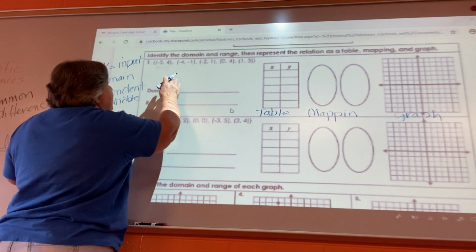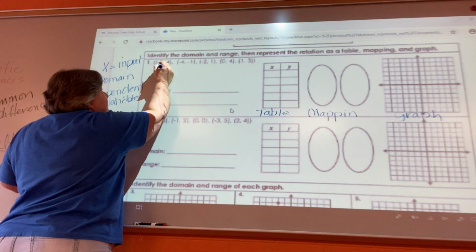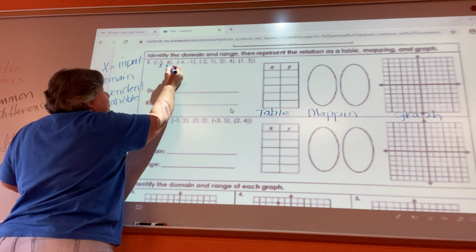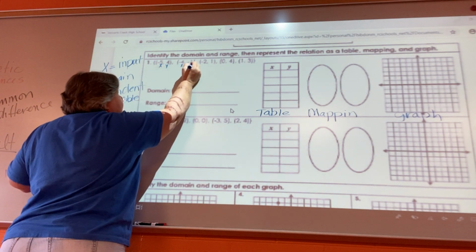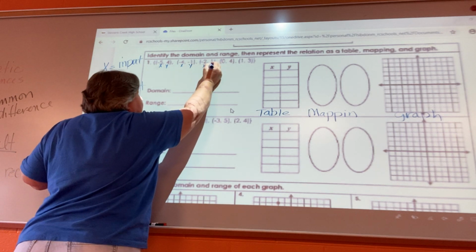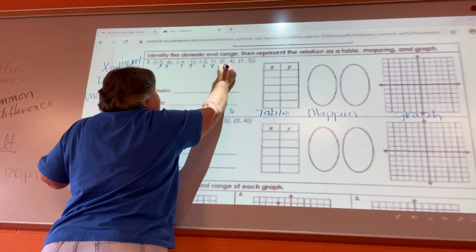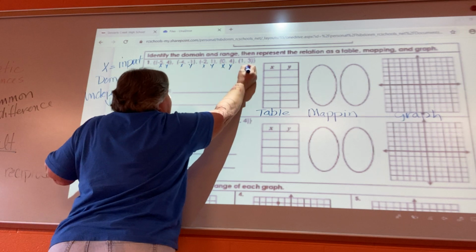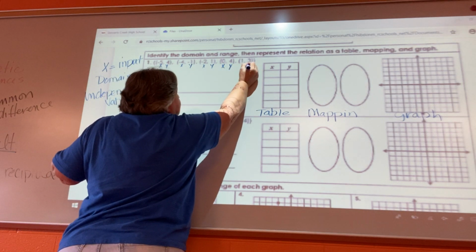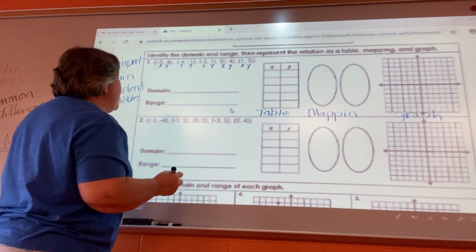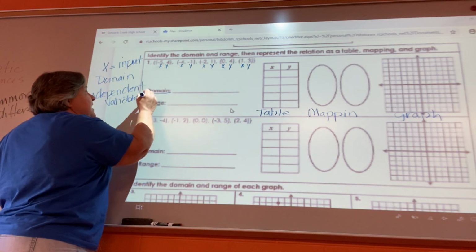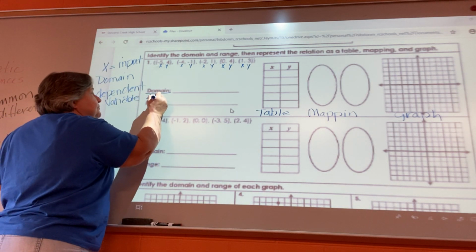So these are ordered pairs, and ordered pairs are ordered because they're ordered from X to Y. Each ordered pair is XY, XY, XY, and XY. So they want the domain, so they want the X values.